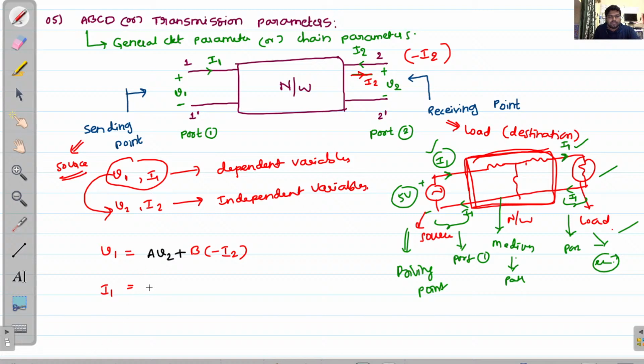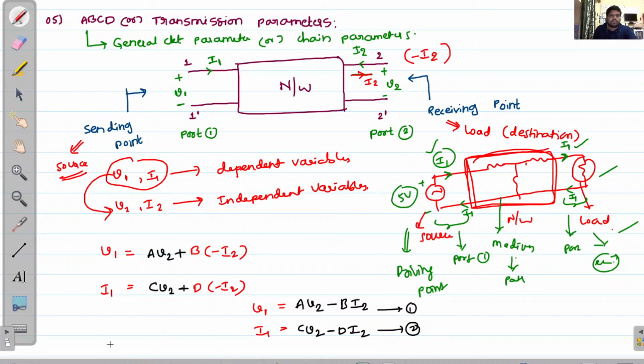And in the case of I1, C V2 plus D times minus I2. So now what you will get? V1, I1 equals A V2 minus B I2 and C V2 minus D I2. This is equation number 1 and this one is equation number 2, right?